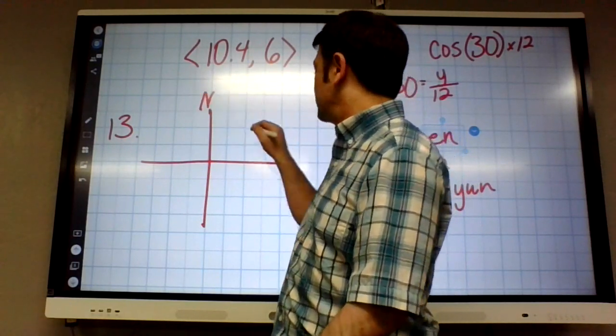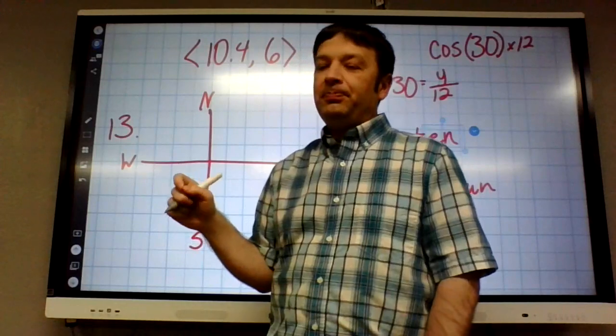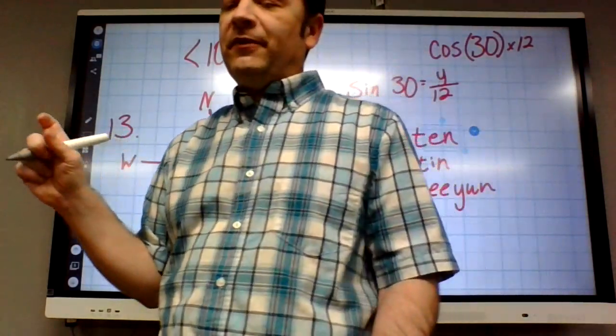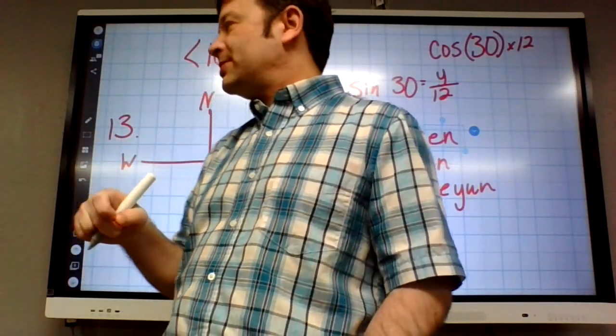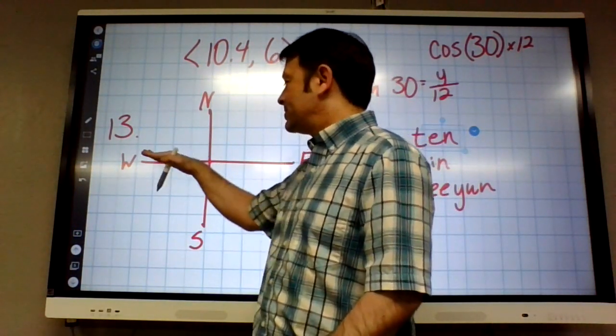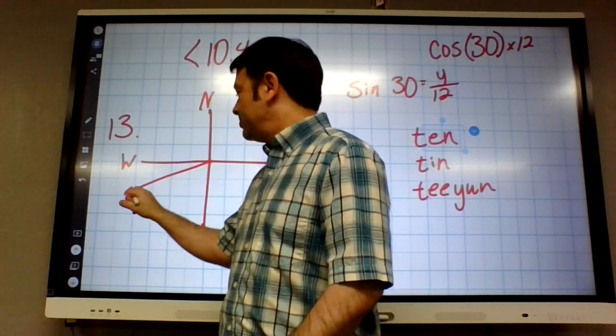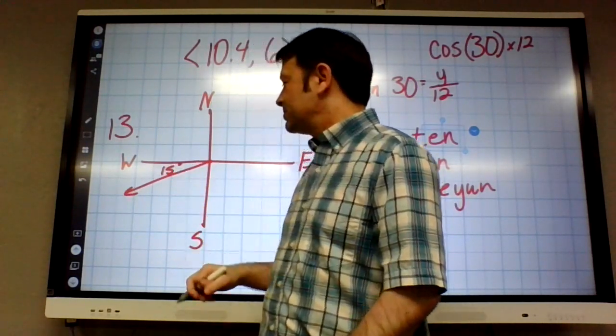Never eat soggy waffles. Okay, the problem said 13, 15 degrees south of west. So where would that be? Here's west, so south of that is below it. So just a little bit below west.